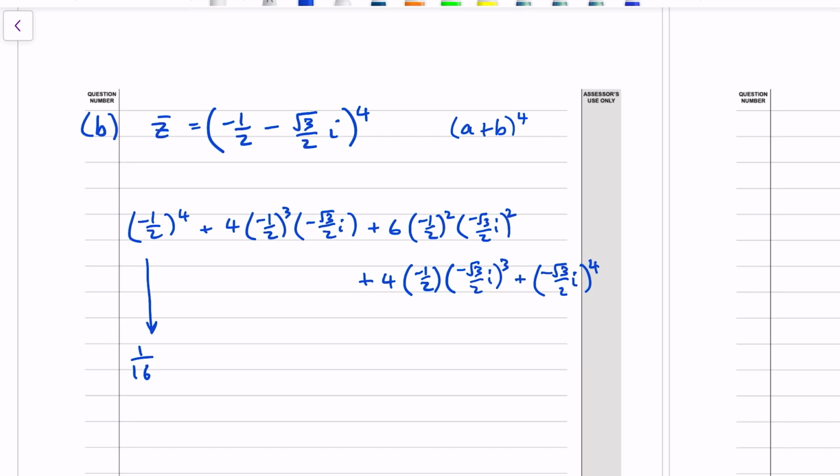The next term, you've got to be careful of this, it's 4, and then this one here is minus 1/8, and then there's another minus 1/2 in there, and then there's a root 3i. So that all comes to be root 3 over 4 times i. I leave the root 3 in there rather than going to decimals.